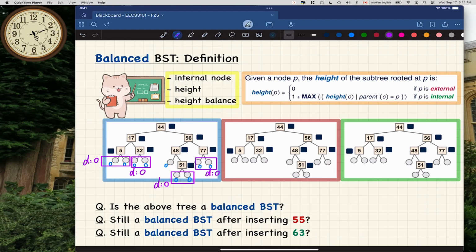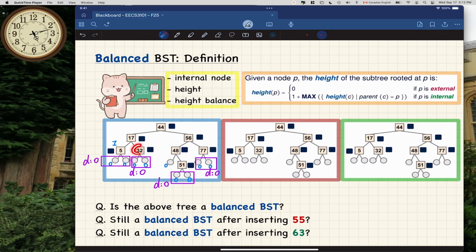How do we actually annotate the rest of the nodes? According to the definition, the height of a particular internal node is going to be 1 plus the maximum height of its children. What will be the height for this one here? The heights of its children are 0 and 0. What's the maximum? 0. And then plus 1, so its height will be just 1. All right, let's try this one here.